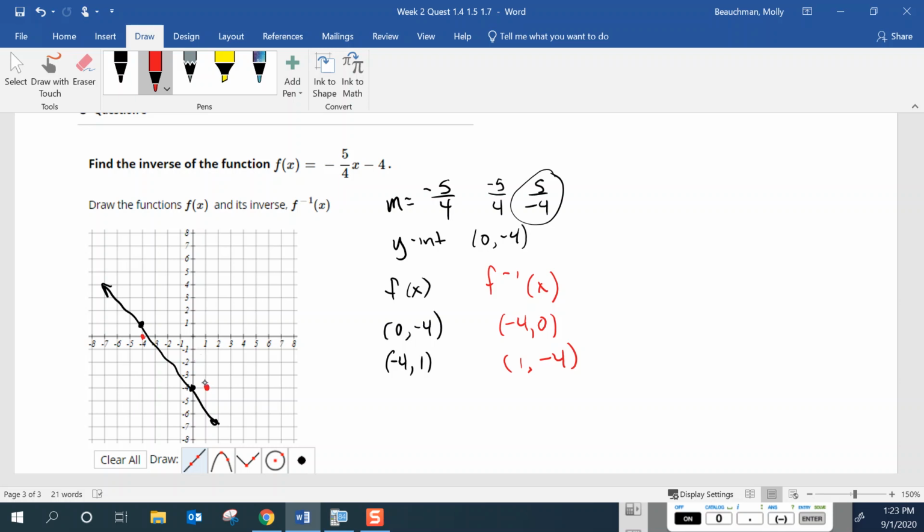And then connect those two. And that's going to be the inverse without actually having to find the inverse. If you do want to find the inverse, you would take y is equal to negative 5/4 x minus 4, switch the x and y coordinates, and solve for y.